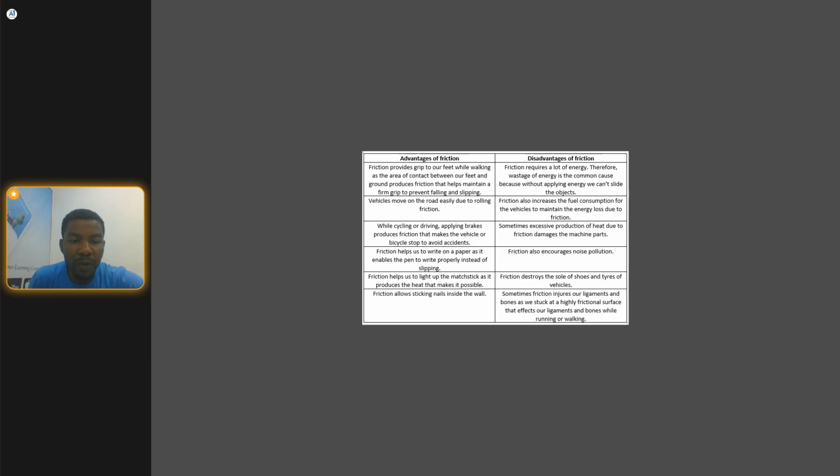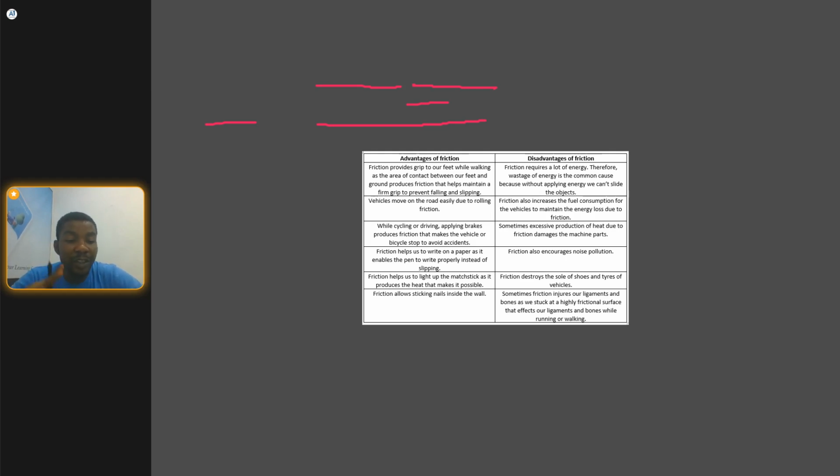Advantages. Friction provides grip to our feet while walking, as the area of contact between our feet and the ground produces friction that helps us to maintain a firm grip to prevent falling or slipping.